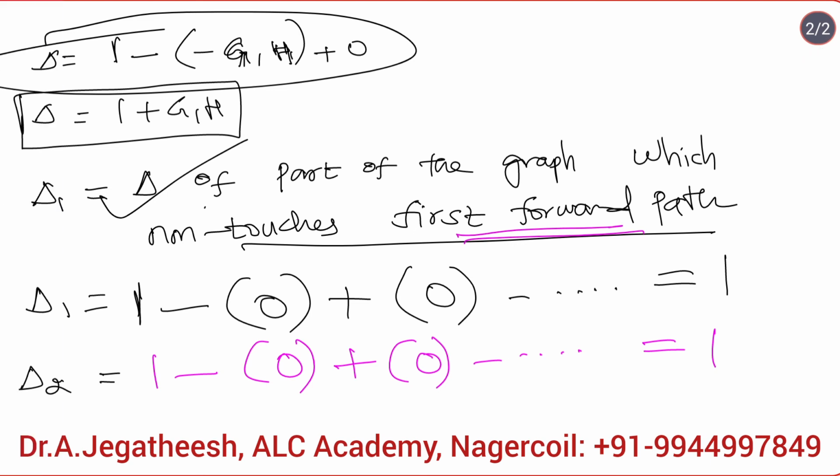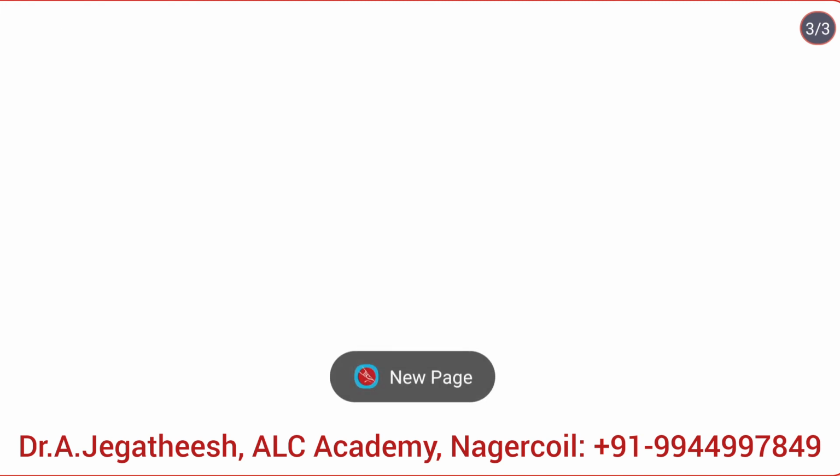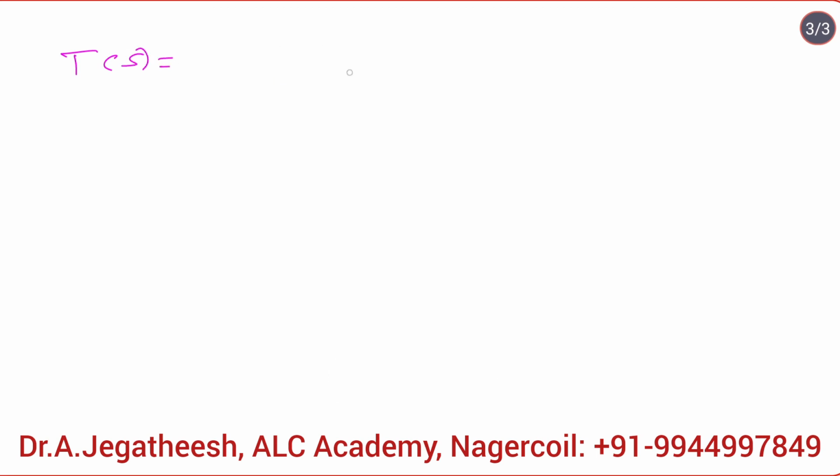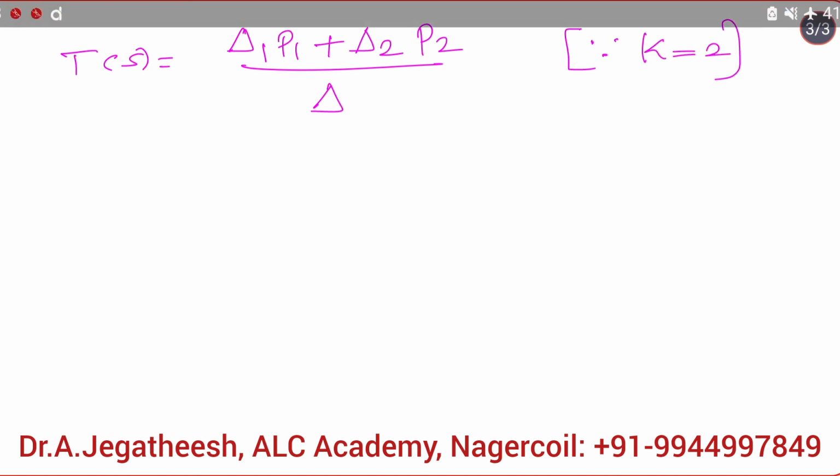Now I can substitute in Mason's gain formula. T(s) is equal to summation delta k P k by delta, that is delta 1 P1 plus delta 2 P2 by delta, since the number of forward paths is equal to 2.